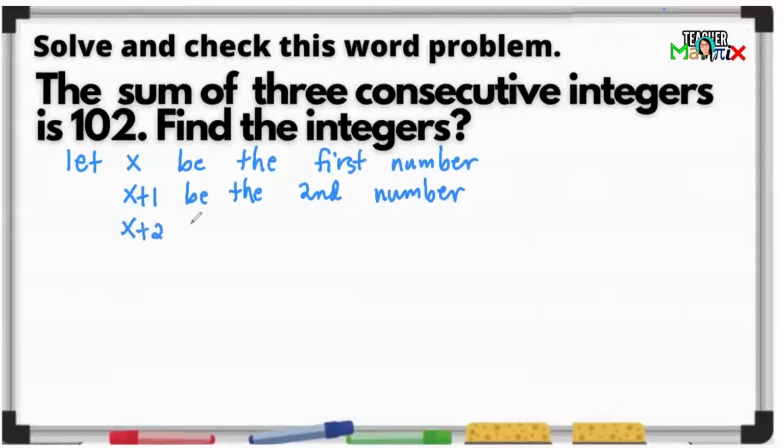Then, x plus 2 be the third number. We have formulated the expressions.